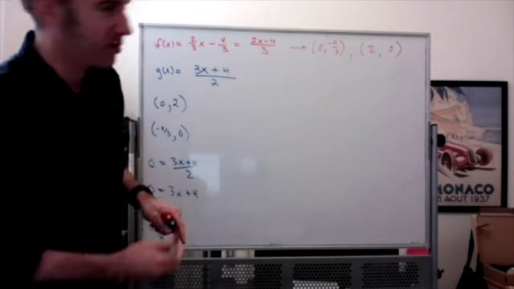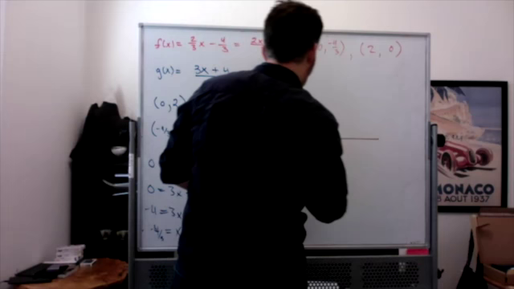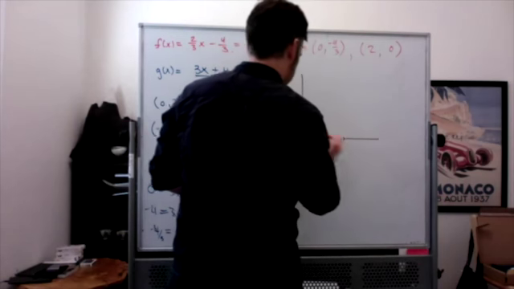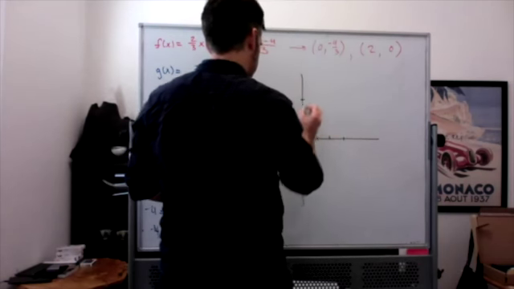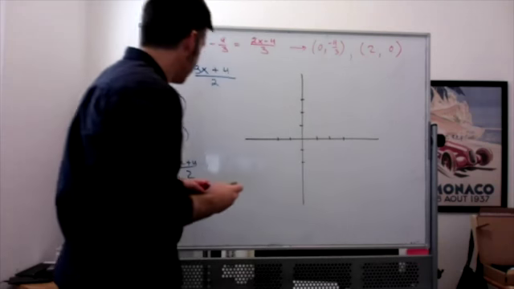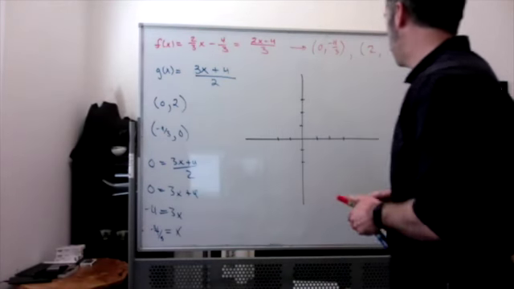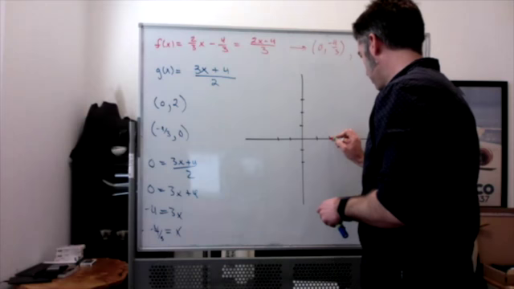Let me talk about how I would actually graph this. I'll try and be super precise here. So in the interest of being super precise, I'm going to plot the point 2, 0.